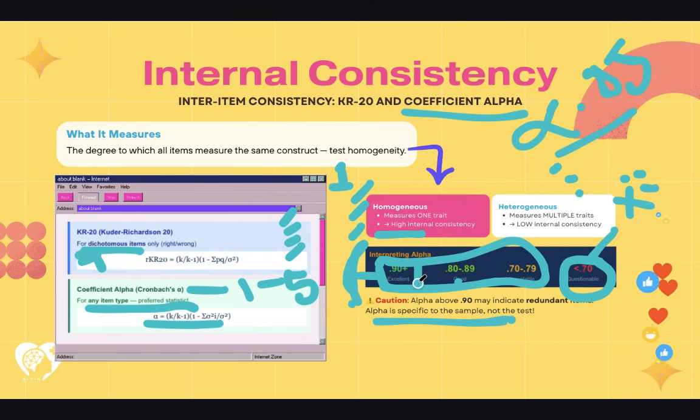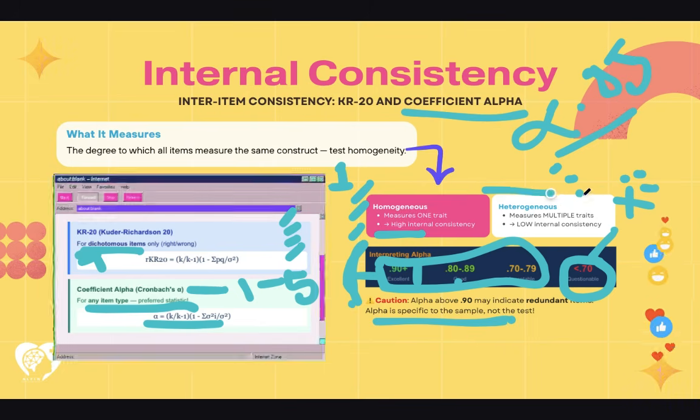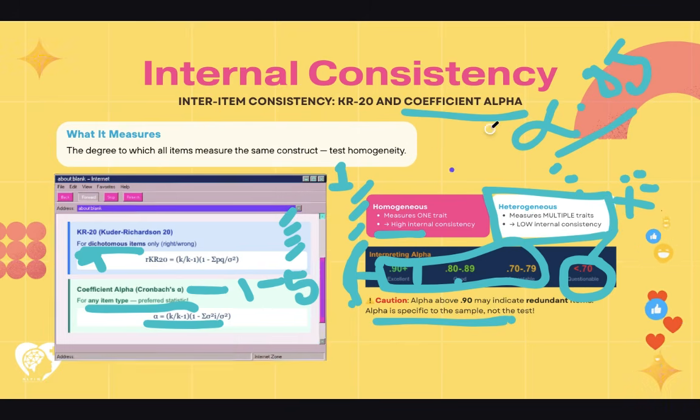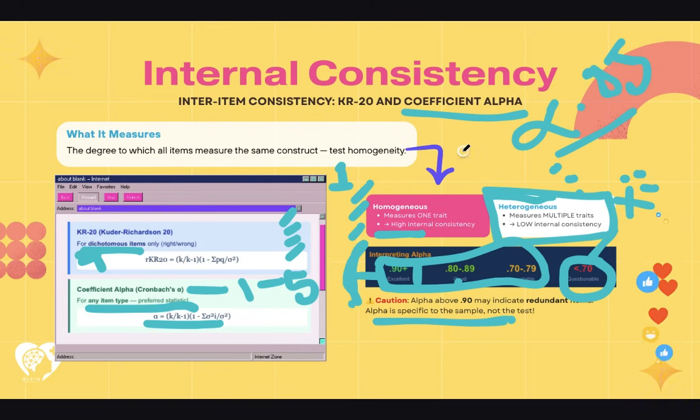Now, I think I failed to discuss what heterogeneous means. So it just means that you're measuring multiple traits. So for example, in a personality scale, or say social intelligence in an intelligence scale, if your IQ test is measuring various intelligences anchored on Howard Gardner's seven multiple intelligences, then you are measuring a lot of traits: your arithmetic ability, your interpersonal ability, your natural ability or intelligence.